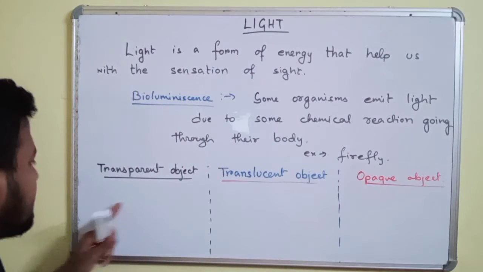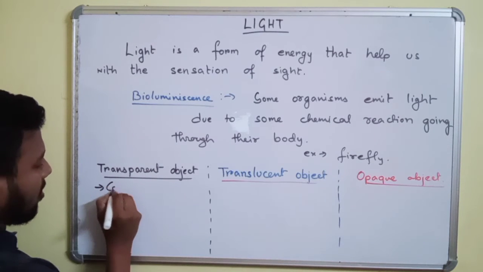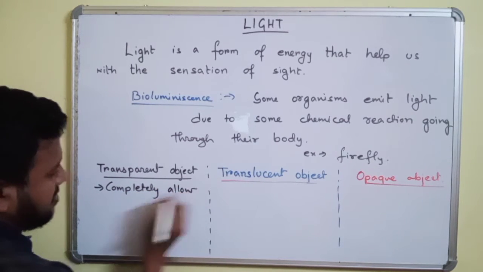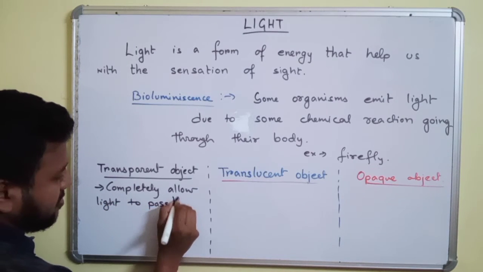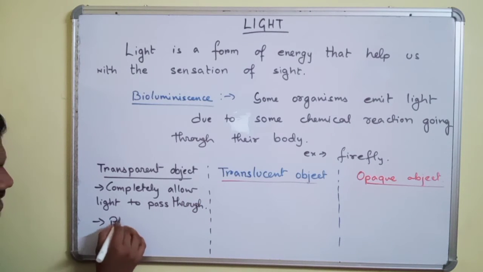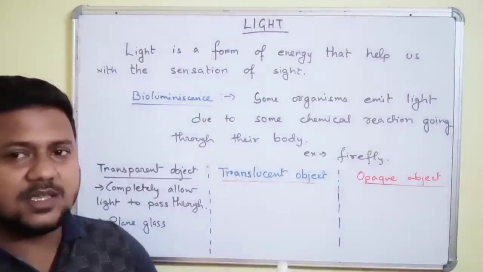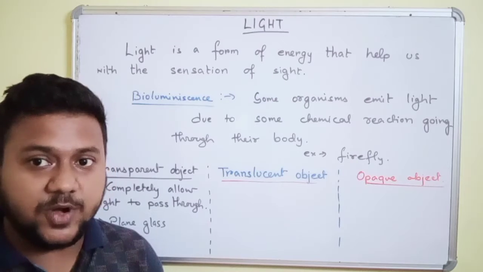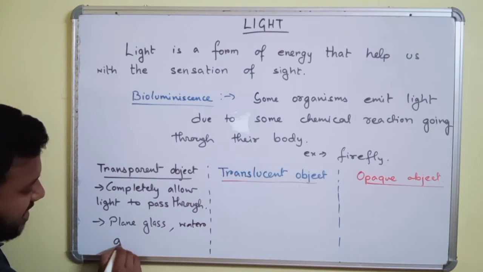Some objects completely allow light to pass through, like plain glass. We can see objects that are placed behind the glass. We call them transparent. Water is a transparent object, and air is transparent too.